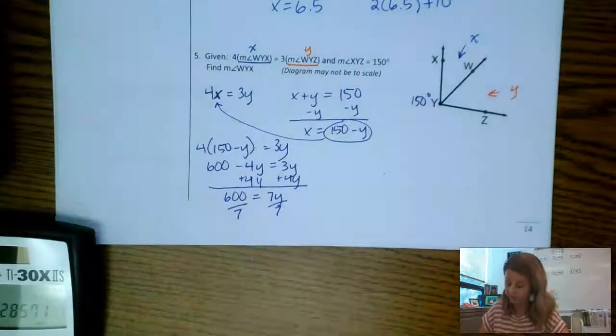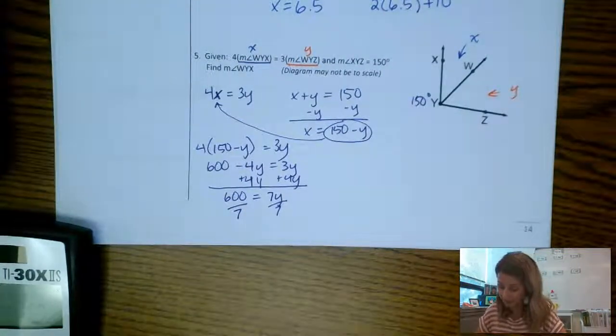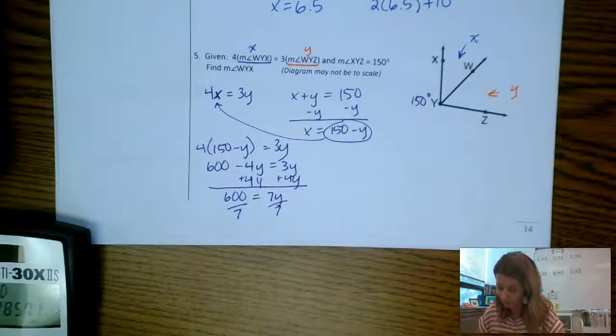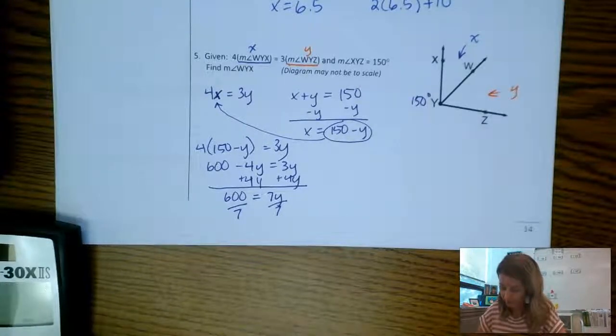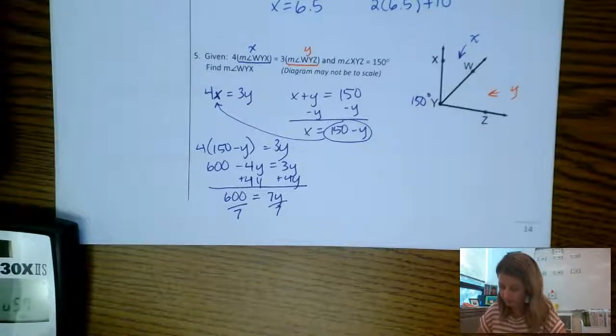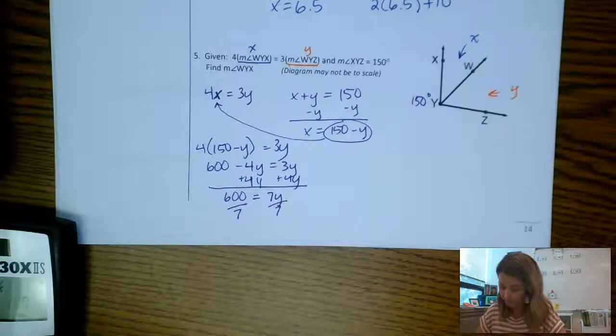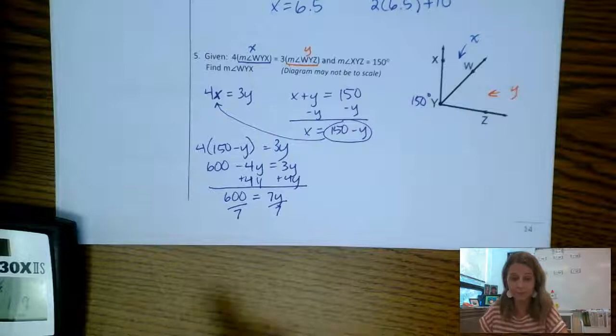I'm actually going to reduce that down. So 600 sevenths will reduce to, let me start over, 600 over 7 reduces to, oh my goodness, it stays as 600 over 7.